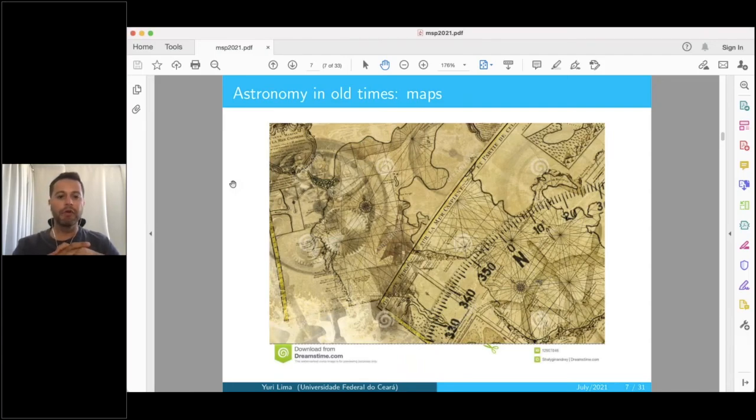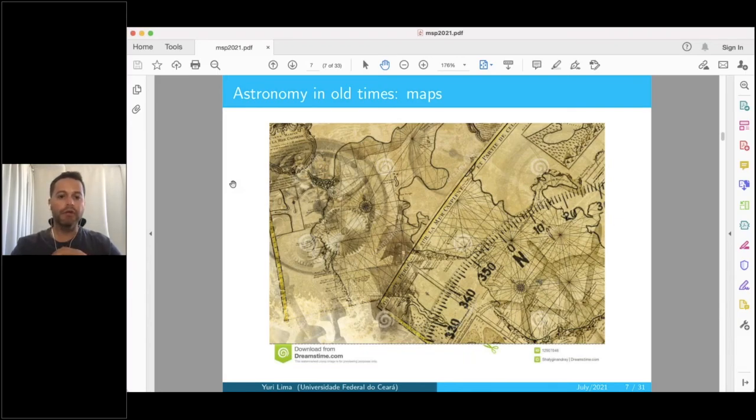So if you belonged to a group of people who in old times wanted to extend their border, or just wanted to improve trade between countries, it was important to understand what were the better ways of going from point A to point B. And by that, you needed to represent the world in some way, in some plain way, using maps.